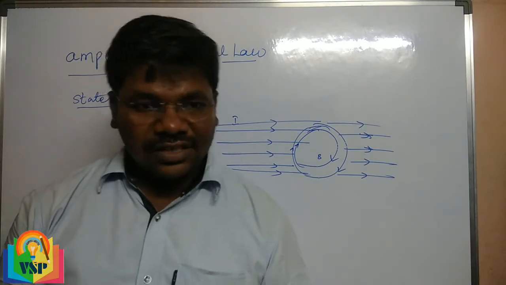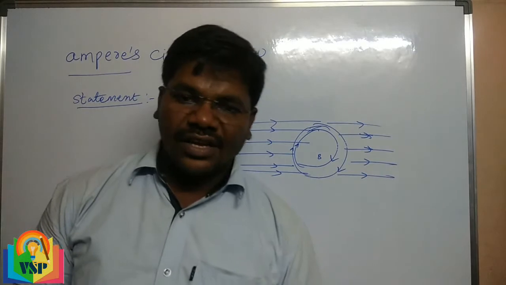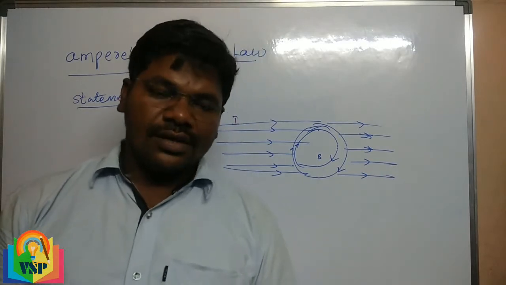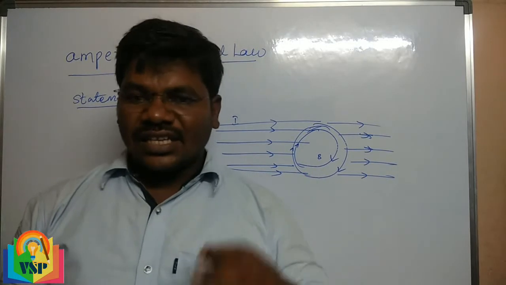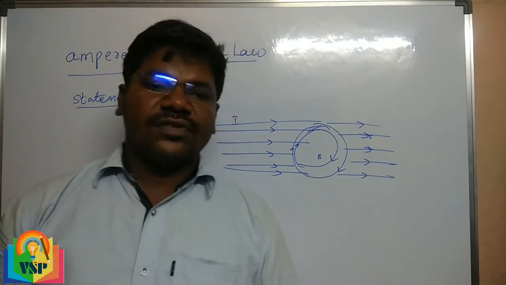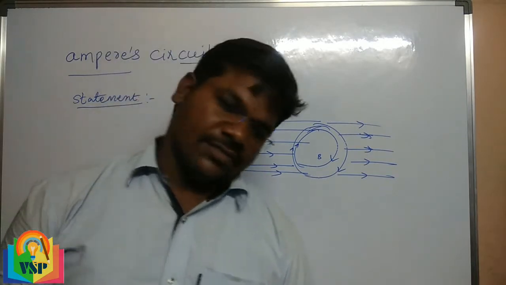Once again, the definition: the line integral of a magnetic field around any closed path in vacuum is mu naught times the net current enclosed by the curve.